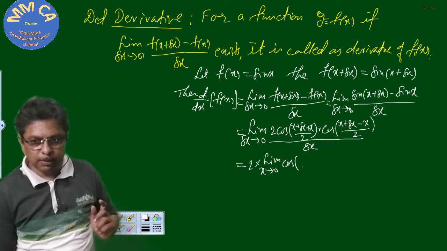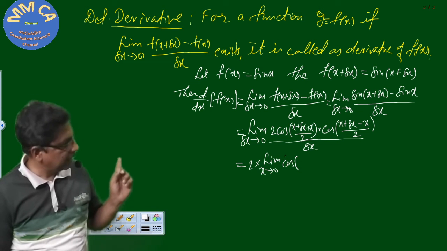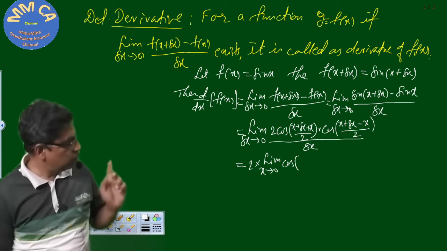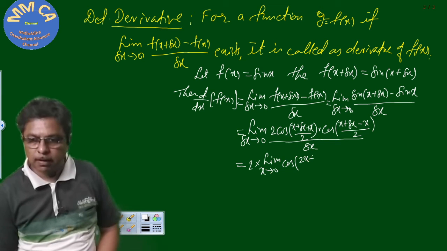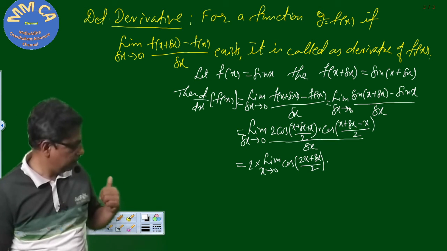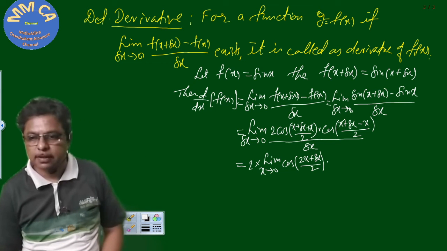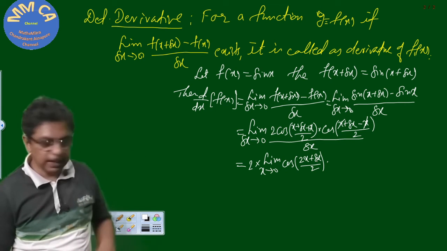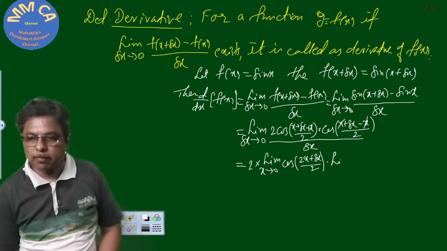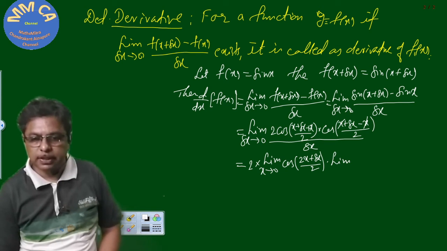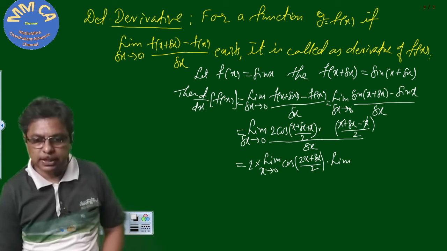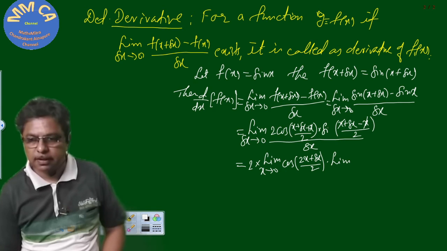I will write it simplified: cos of x plus delta x plus x divided by 2 means cos of 2x plus delta x divided by 2 into, okay, and here x and minus x get cancelled. I'm sorry, here it should be 2 cos sine, so it is sine, so let me correct it. So limit delta x tends to 0.